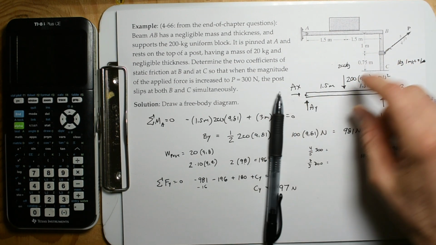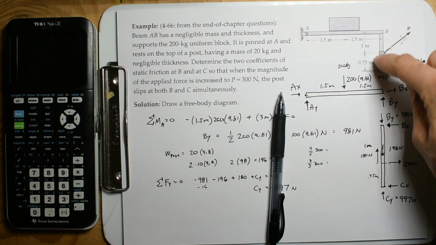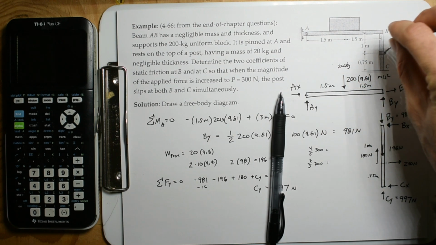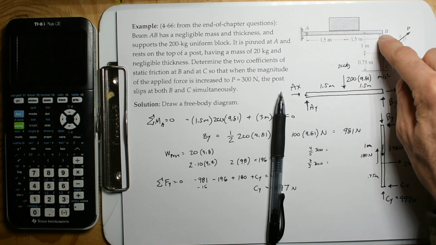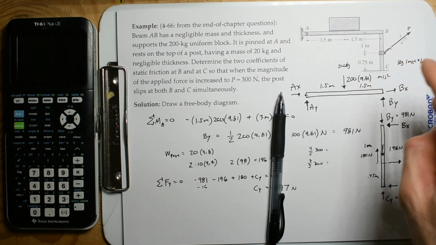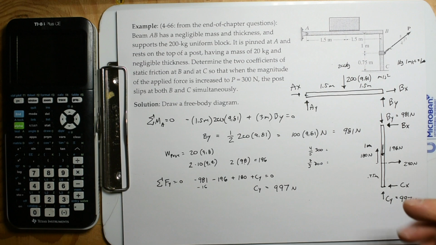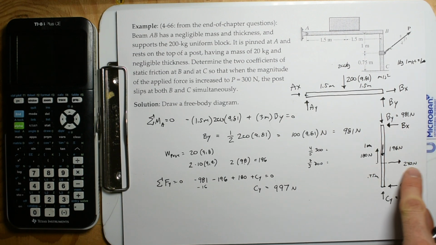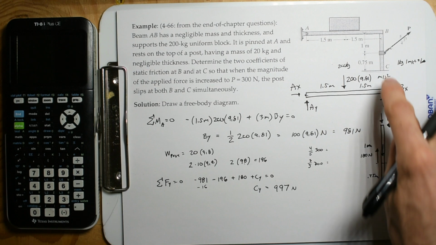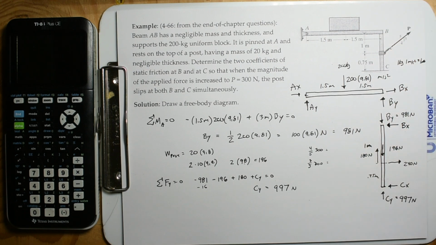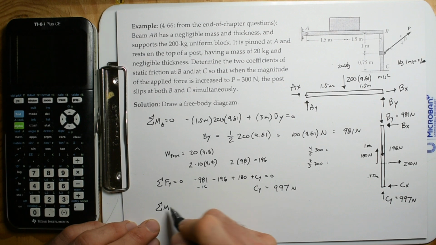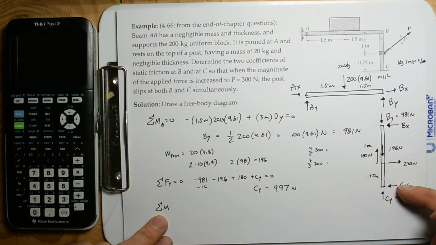You could theoretically say, hey, this post, there's nothing touching it except those connections of friction. And those are the things that are resisting. And so if we have this 240, those two have to equal those frictional forces. And now we have to use the sum of the moments about one of these points to find the other.